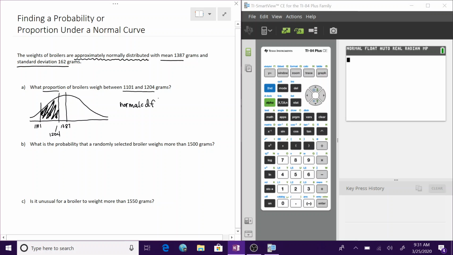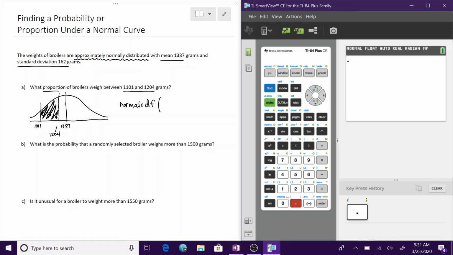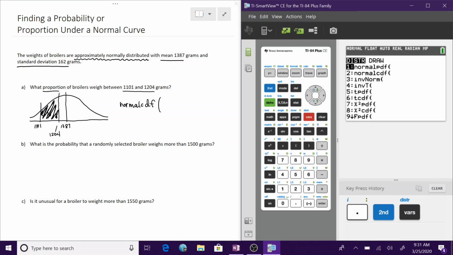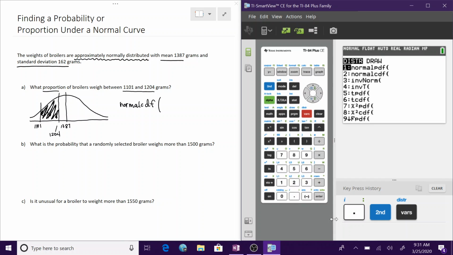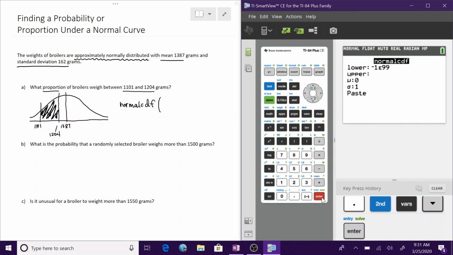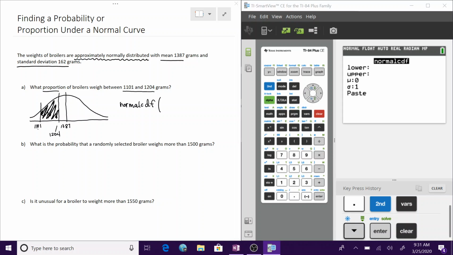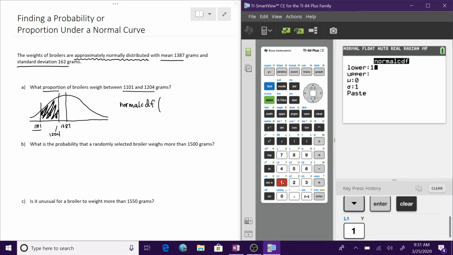We want to go to second vars in our calculator and go down to normal CDF and press enter. Now our lower bound again is going to be the smallest number that we have in our graph, which is 1,101. The biggest number we have in our graph is 1,204.